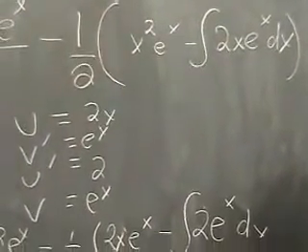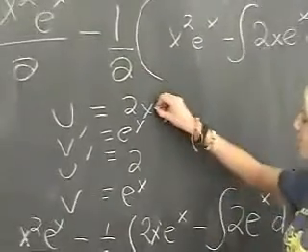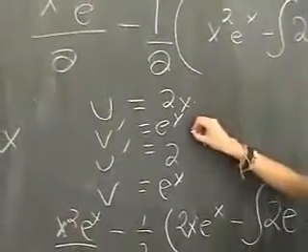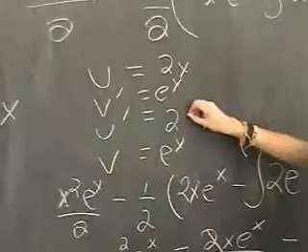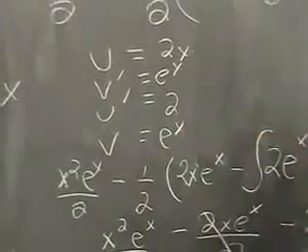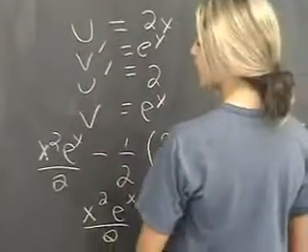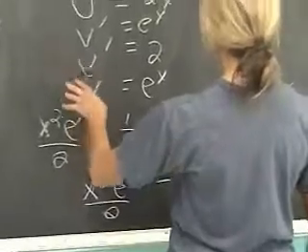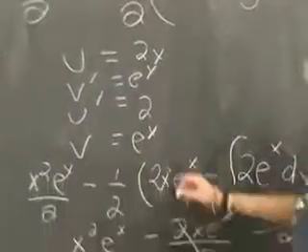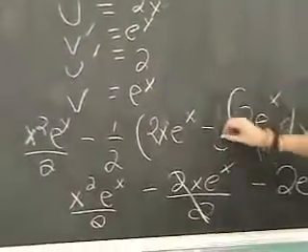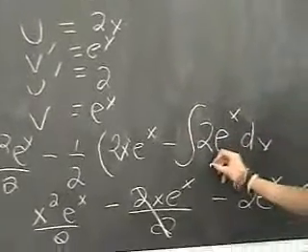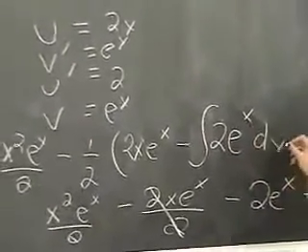So we have to do parts a third time, and we get u equals 2x, v prime equals e^x, u prime equals 2, v equals e^x. So finally, we have all that was written over there, and then we have uv minus the integral of 2 e^x dx.